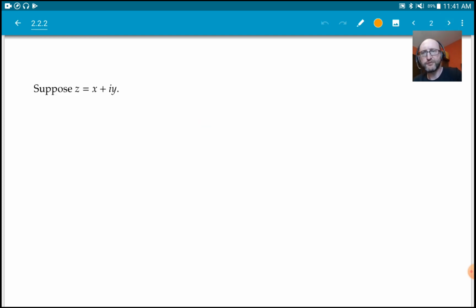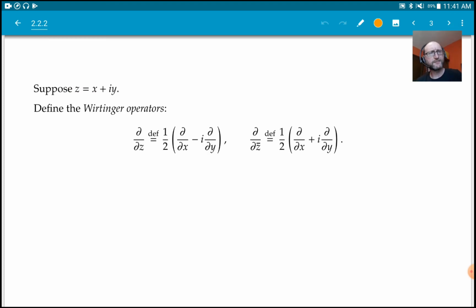All right, so suppose that, as usual, we write z as x plus iy using the real and imaginary parts. So we define these operators, d by dz and d by dz bar. And these are written as if they are partial derivatives, but really, they're just operators that you apply to functions, right?